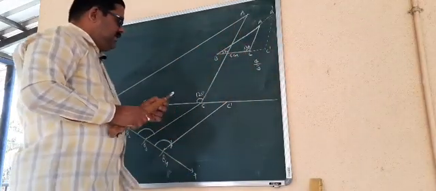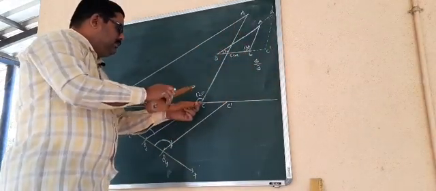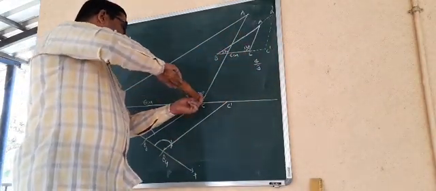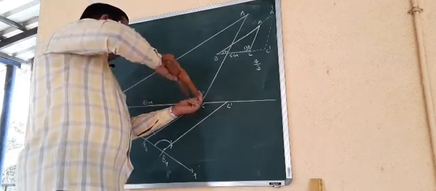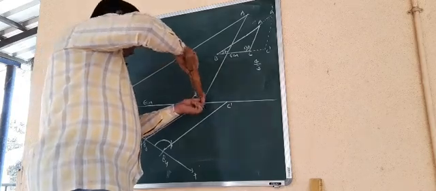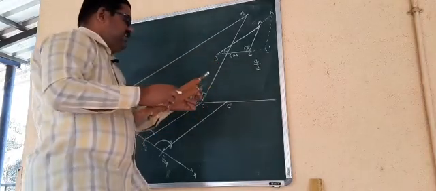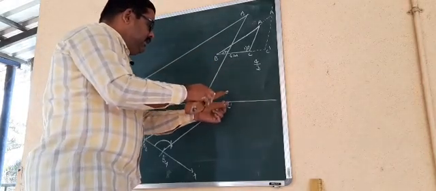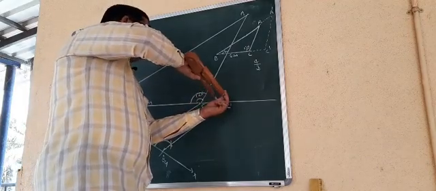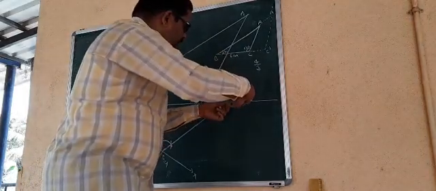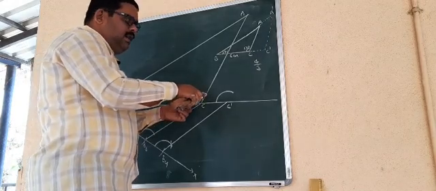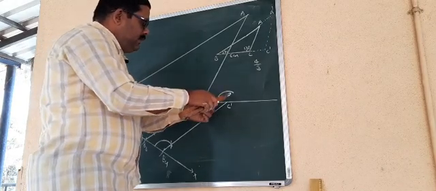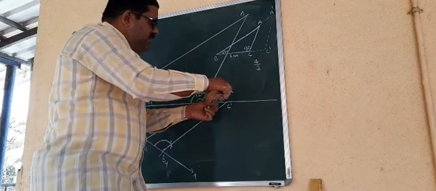For this purpose, now draw an arc here with the same radius, an arc at C dash with the length of this measurement. Cut the first arc.